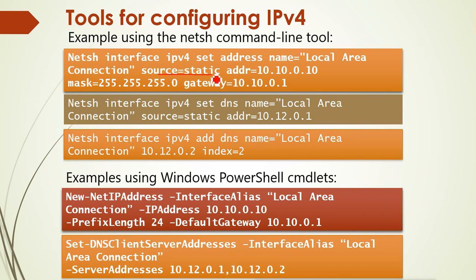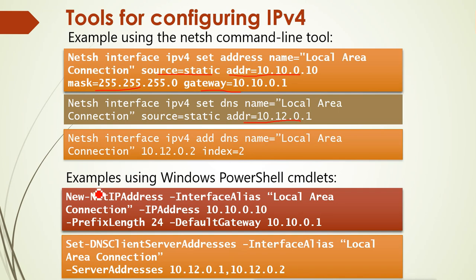Dynamically means DHCP. Static means you have to mention the address yourself with the subnet mask and the gateway. Then with netsh you will set the DNS address. You have to give the name of your interface, static, and then the IP address of your DNS server. You can also add more DNS server addresses.